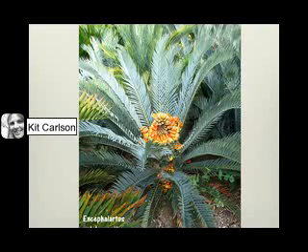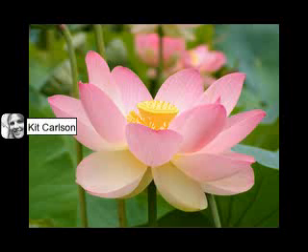And this is another one of the seed plants. This is a cycad. Non-flowering though. In the fossil record, we see the flowering plants, the angiosperms.